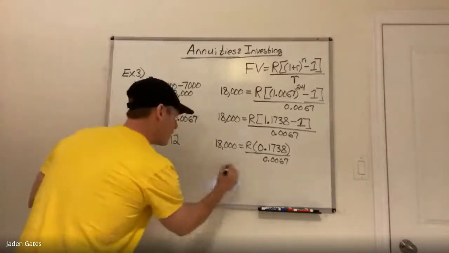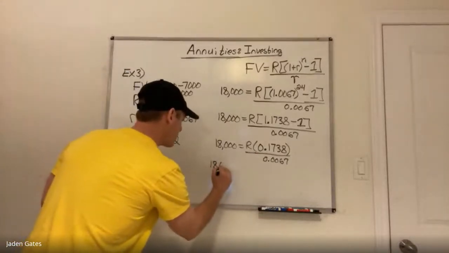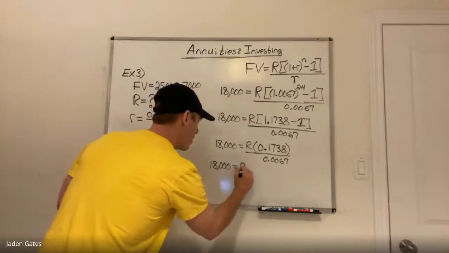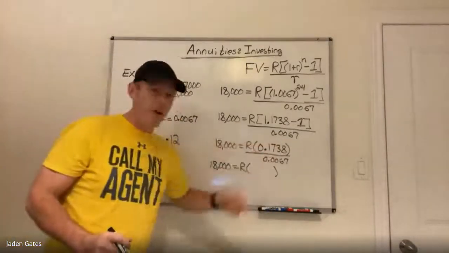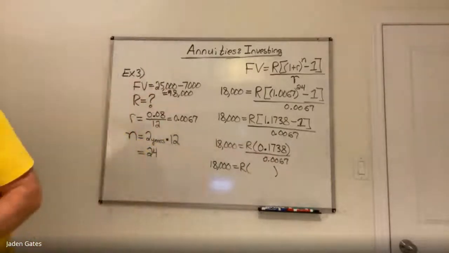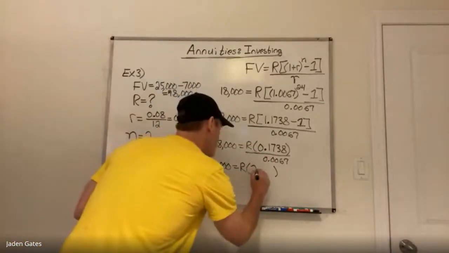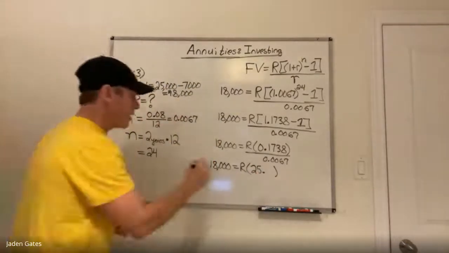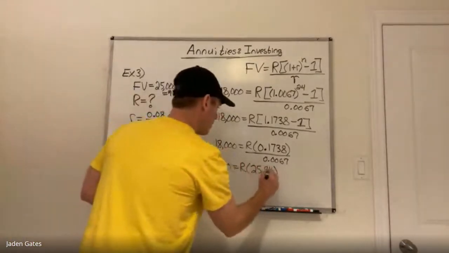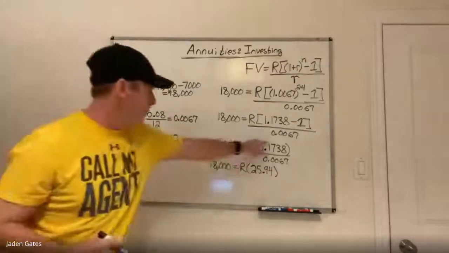So I'm running out of room here though, but 18,000 here is equal to R. Again, I'm going to have some number there. So I take that decimal divided by a much smaller decimal, and I'm getting a relatively nice number, 25.94. So again, I just combined those two numbers by division.